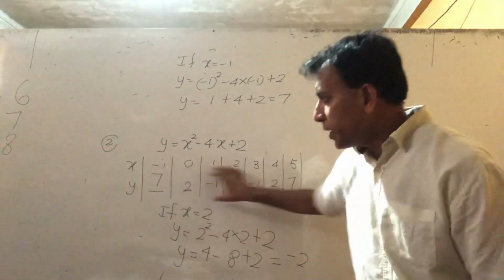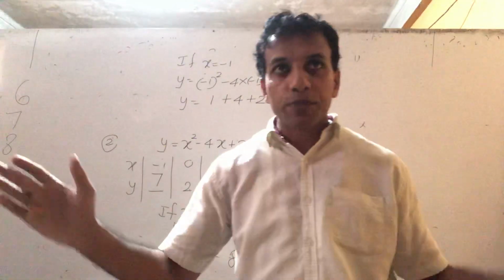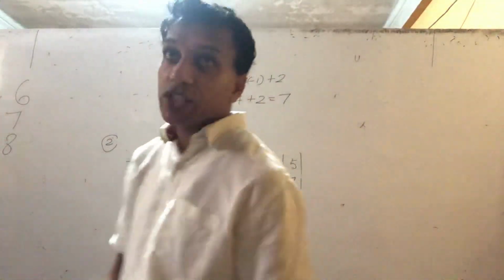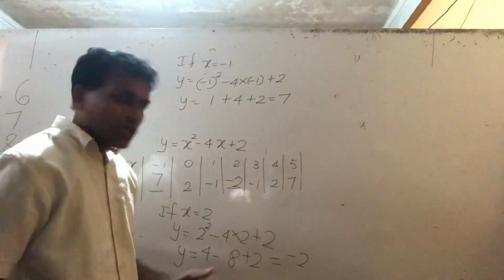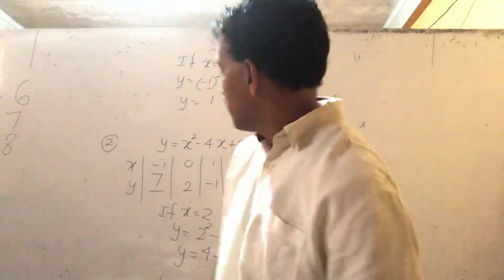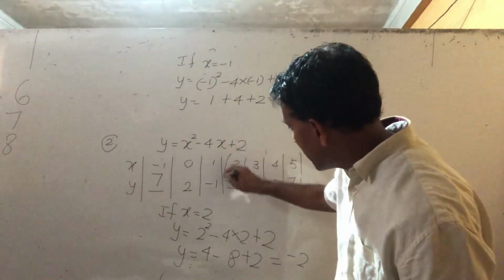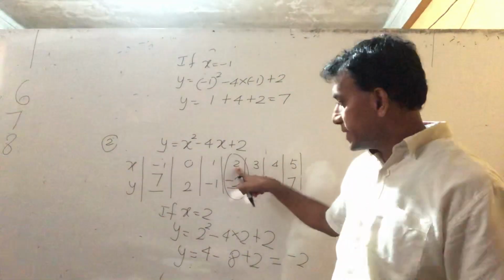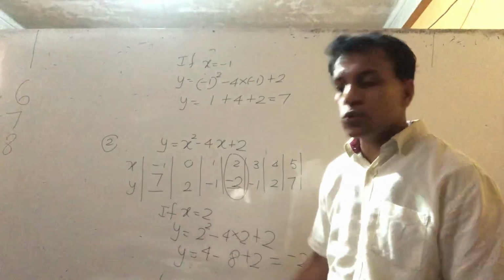The y row always becomes symmetric from both extremes. If not, yours is wrong, recheck it. Without drawing also we can say from the table that these are our symmetric points, with the symmetric axis, and the minimum value is minus 2.